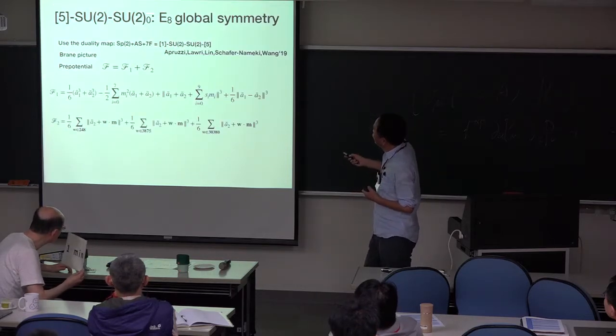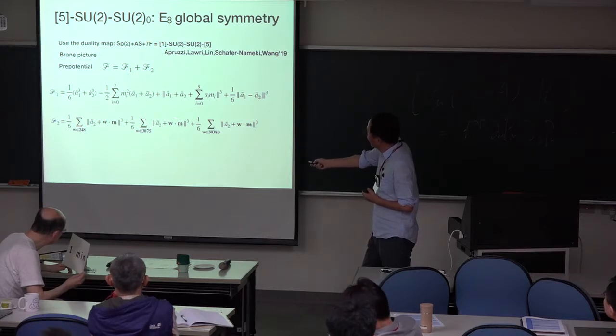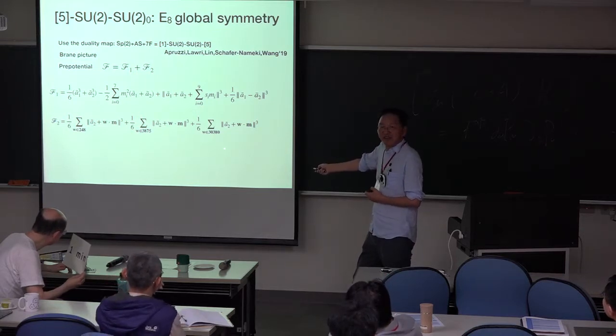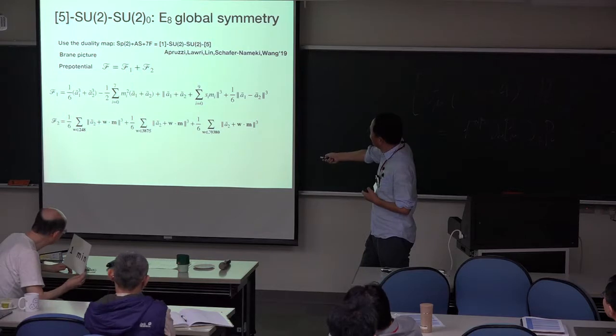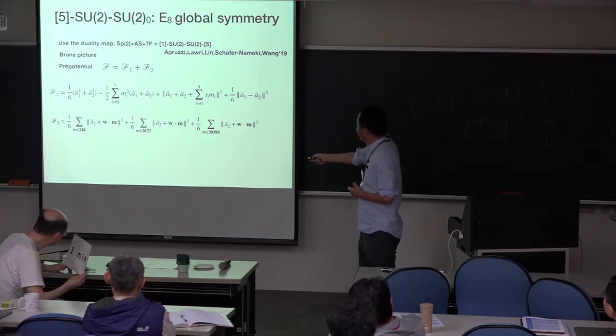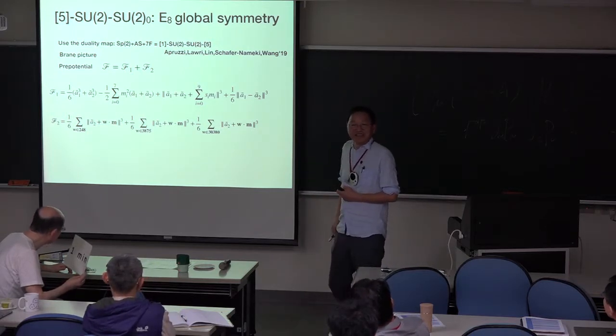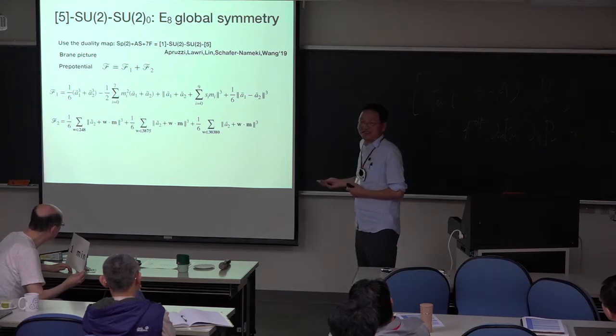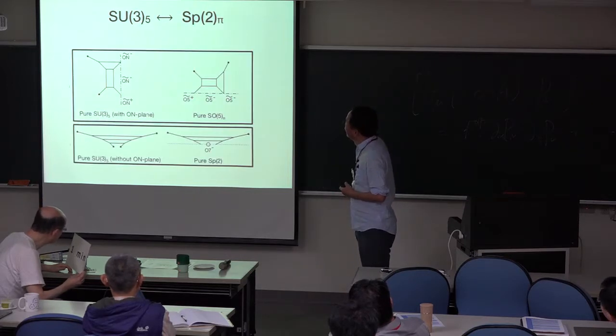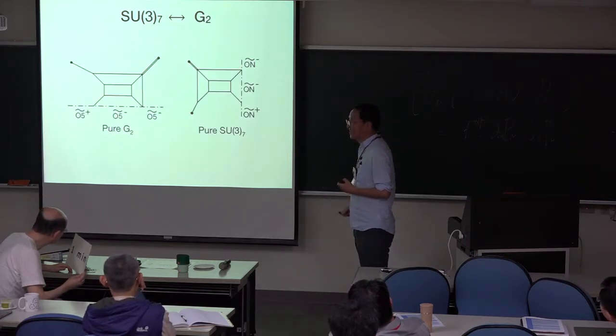So for example, in this case, we have the complete prepotential, and then you have this kind of contribution to the prepotential, where 30380 is the dimension of the representation. And one can do a lot of other checks.